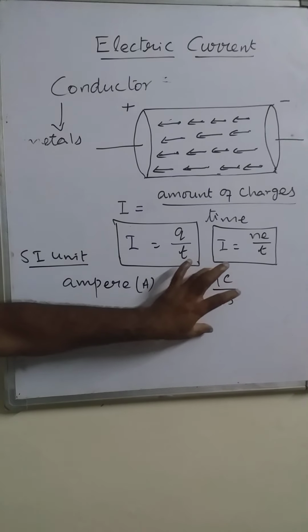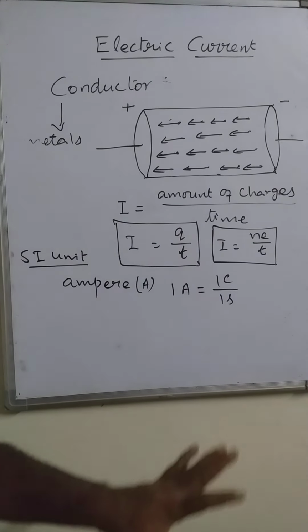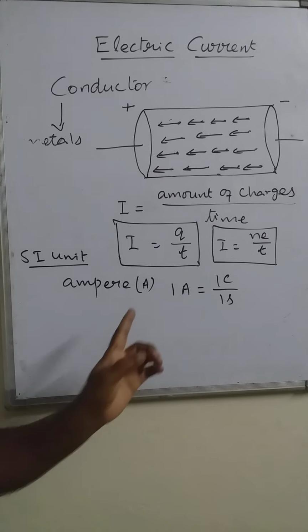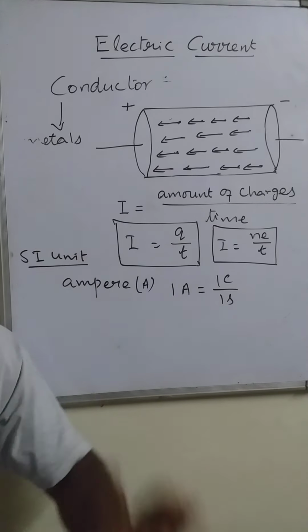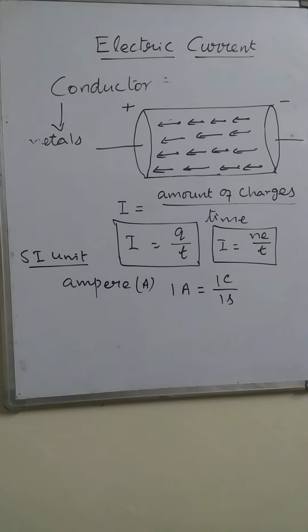But now from this formula we are just able to define 1 ampere as 1 coulomb per second. And this 1 ampere current is also a very large quantity.